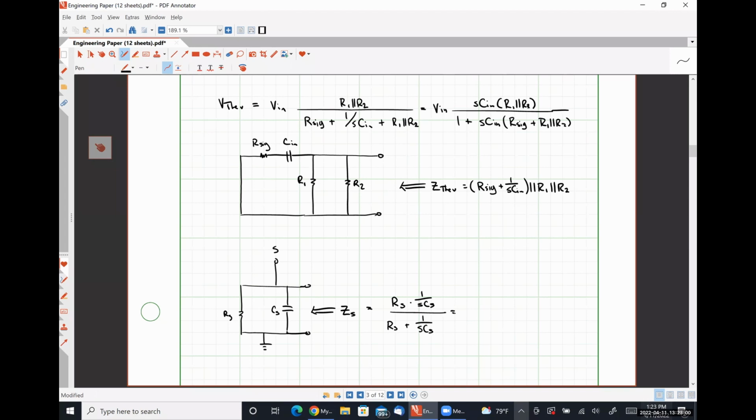And if I multiply through by a factor of SCS over SCS, this gives me simply RS divided by 1 plus SCS RS. So that's my impedance seen effectively looking down from the source terminal of my transistor amplifier.